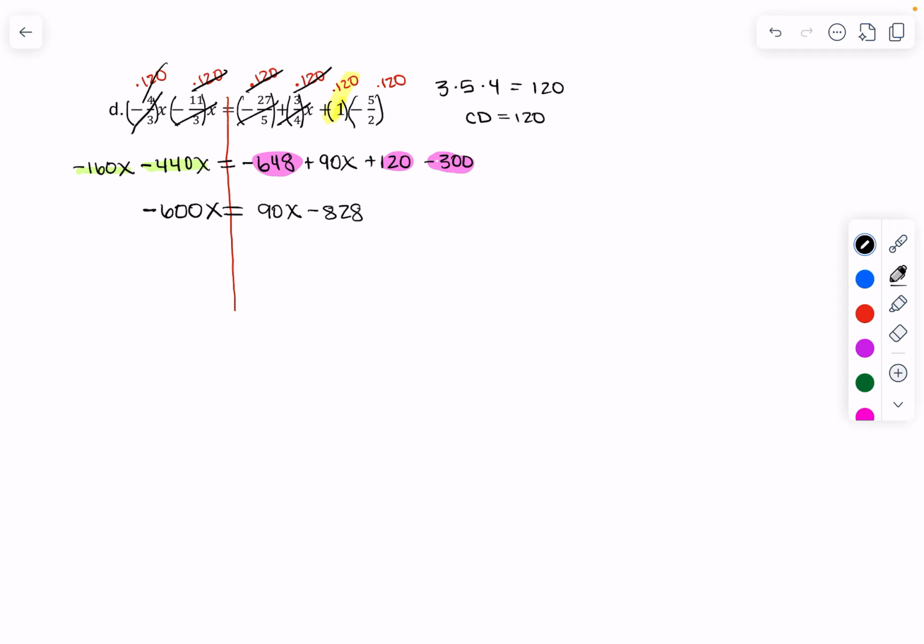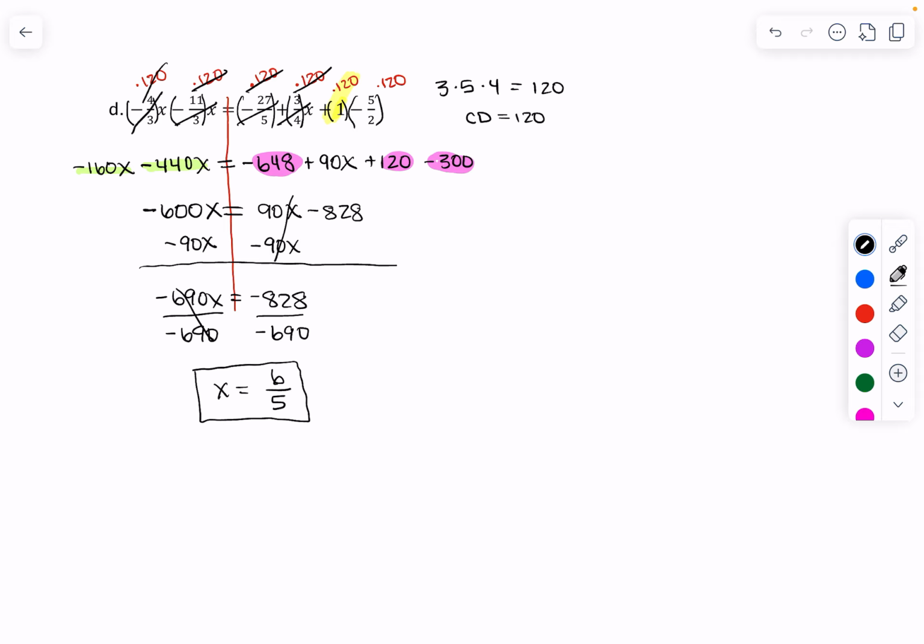I want my x's on both sides, so I'm going to subtract 90x on both sides. These cancel out. I get -690x equals -828. Divide both sides by -690. I know these are big numbers, but when we get to the end and we put this in our calculator and simplify, we get 6/5.